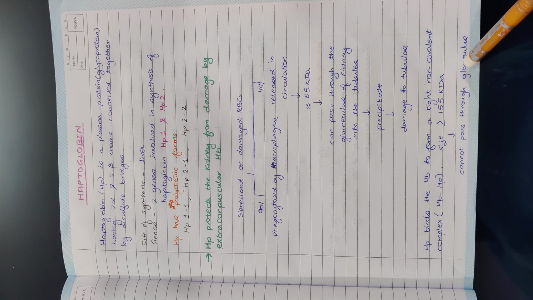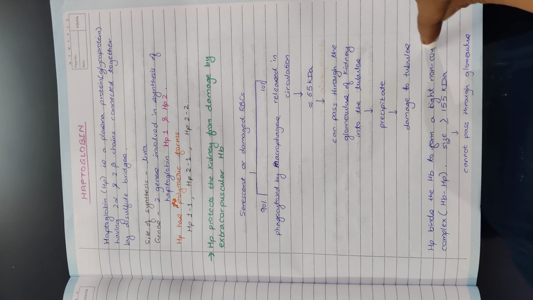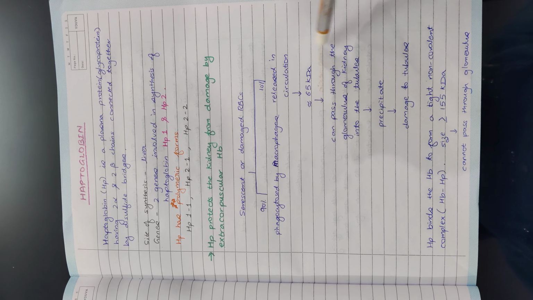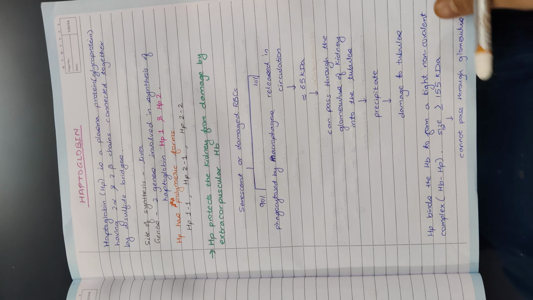Due to the large size, this cannot pass through the glomerulus, and hence the kidneys are protected. So this is the mechanism by which haptoglobin protects the kidney from damage by extracorpuscular hemoglobin, which is released from the damaged or senescent RBCs.